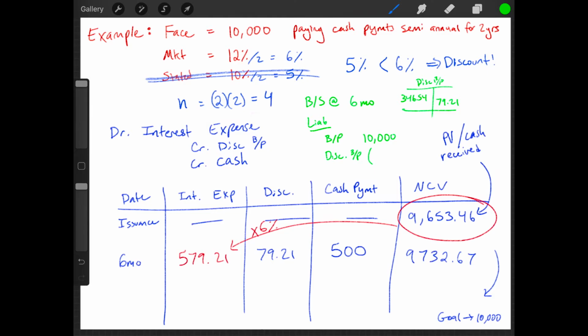And then here, when we're amortizing this discount by that $79.21, we're reducing the account because discount means debit balance. And so the actual balance in this discount on our bond payable account is going to be equal to $267.33. So on our liability, the balance in our discount on bond payable will be that amount, and so the net of those two together will be $9,732.67, which is going to be equal to that net carrying value that we had previously calculated, right?